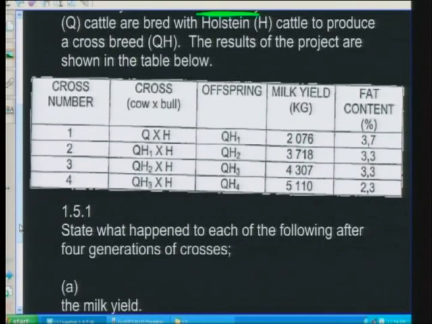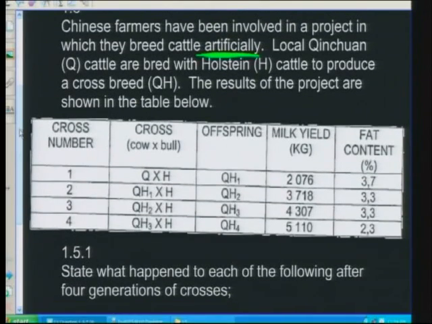We cross a cow and the bull. So we have a cow that is the Quinchuan versus the Holstein. Then we have Quinchuan 1 times Holstein, and Quinchuan 2 times Holstein, and Quinchuan 3 times Holstein. So clearly these are the number of crosses that have taken place. They're the offspring, 1, 2, 3, and 4.